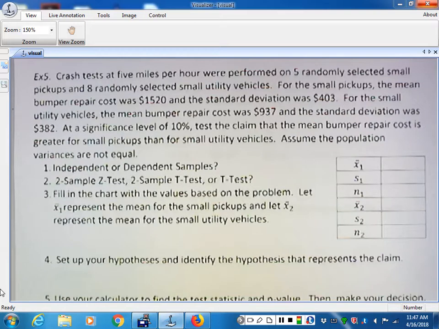For the small utility vehicles, the mean bumper repair cost was $937 and the standard deviation was $382. So at a significance level of 10%, test the claim that the mean bumper repair cost is greater for small pickups than for small utility vehicles, and assume that the population variances are not equal.